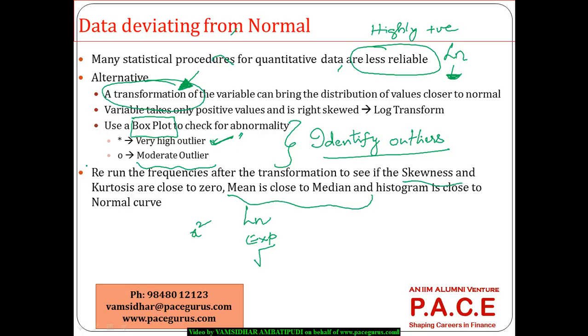The skewness and kurtosis will be very close to zero, and when I plot the histogram, it will more or less overlap with the normality curve. All these are indications of the presence of normality in the data, and once the data is normal, as I have been saying, it can be used for various statistical procedures, predictions and forecasts quite comfortably.